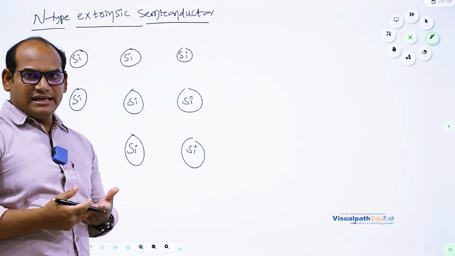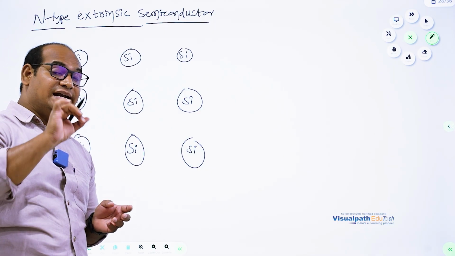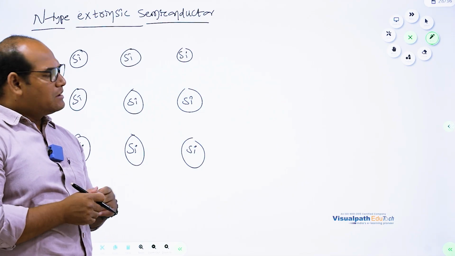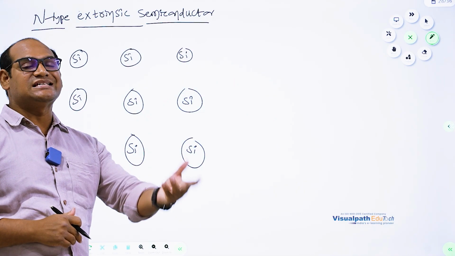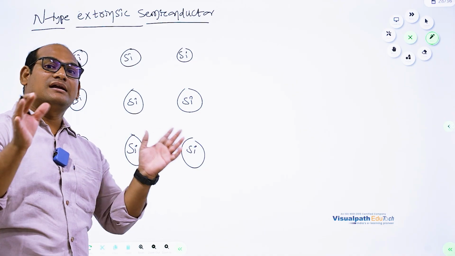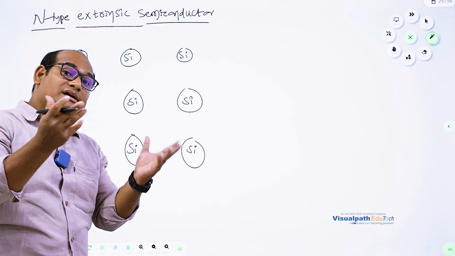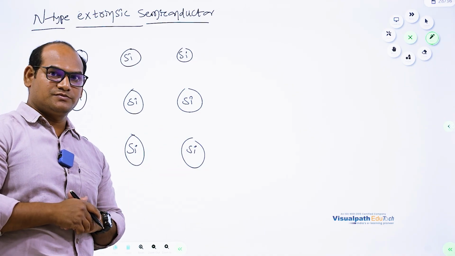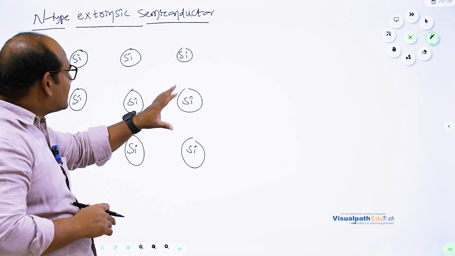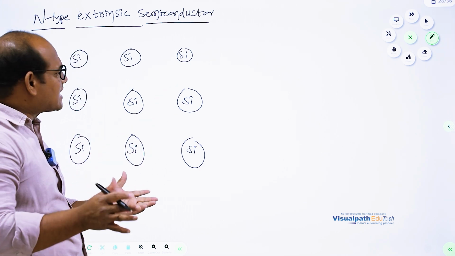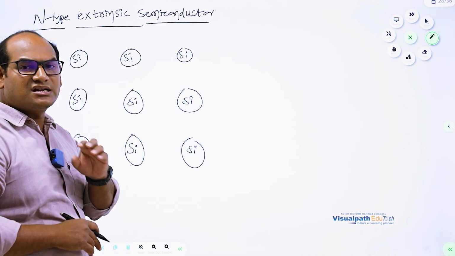To get stability in the outermost orbit, actually 8 electrons should be available. But each silicon atom has 4 electrons only. Then how is stability achieved? 4 more electrons it gets from the neighboring silicon atoms on a sharing basis, so that all the silicon atoms will be stable.